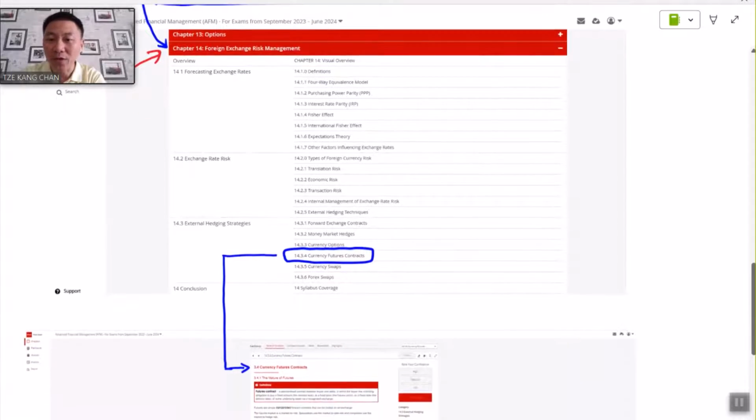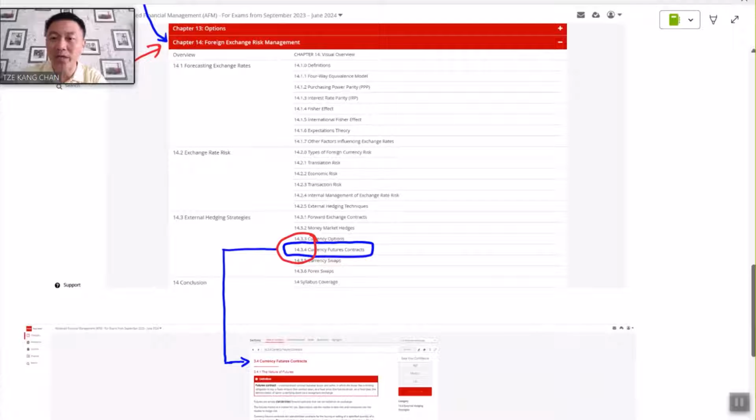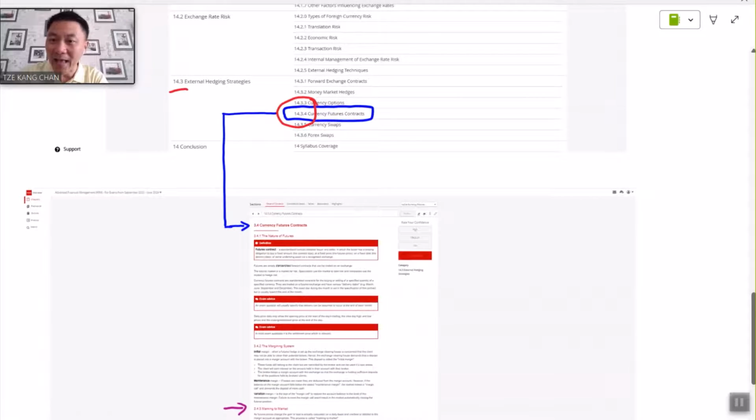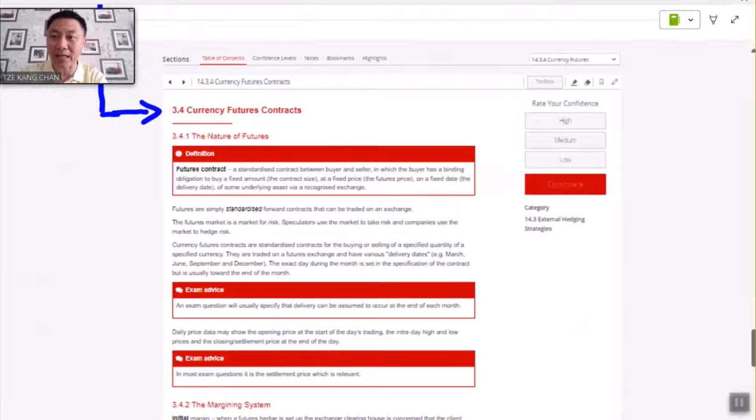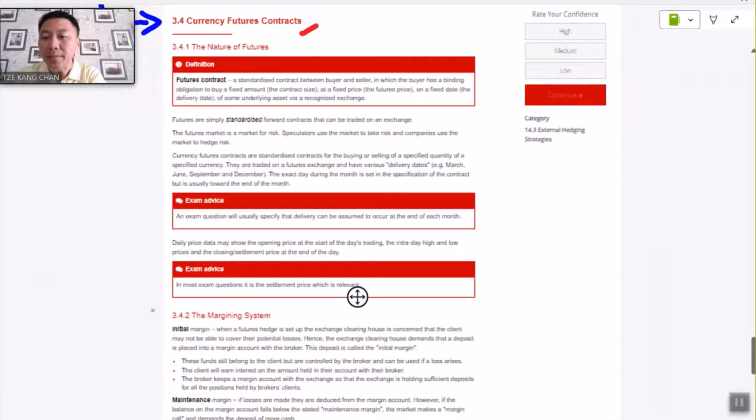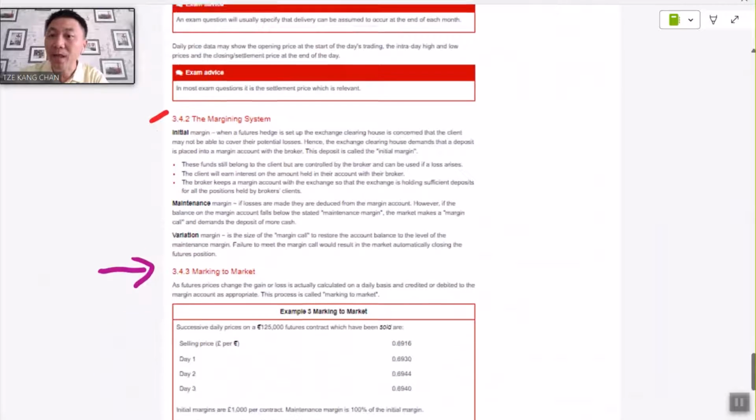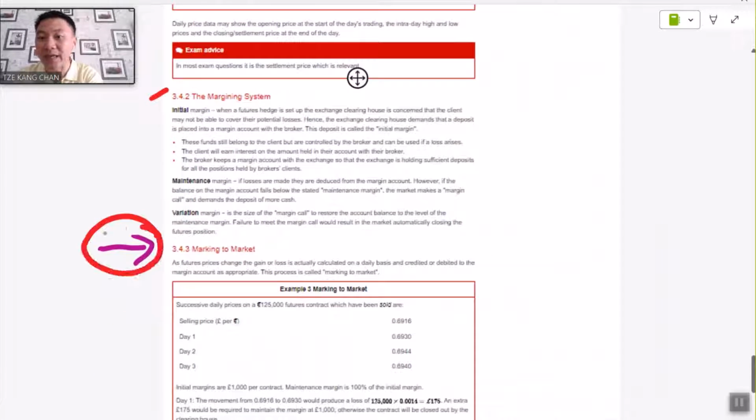What you have to do is to just get into the 14.3 section and go into item 4. Once you get into that, you will see more detailed explanations regarding currency futures contract, the margining system, and more importantly, the explanations about marking to market.